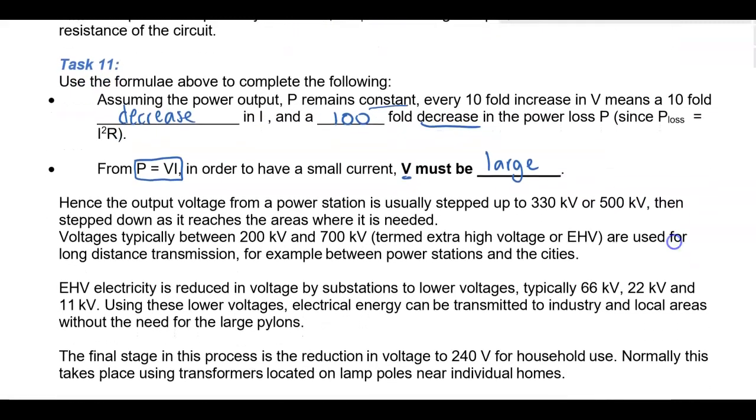As it says in our notes, the output voltage from a power station is usually stepped up to 330 or even 500 kilovolts, like 1,000 volts, joules per coulomb. It's transmitted, in the case of Muja to Perth, a couple of 100 kilometres, and then stepped down again to where it's needed.